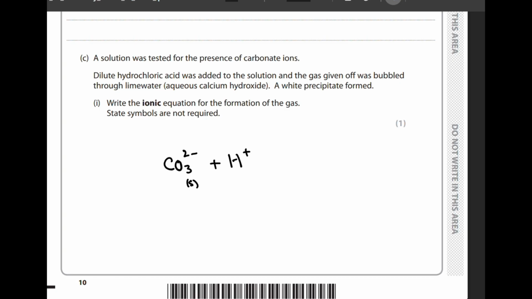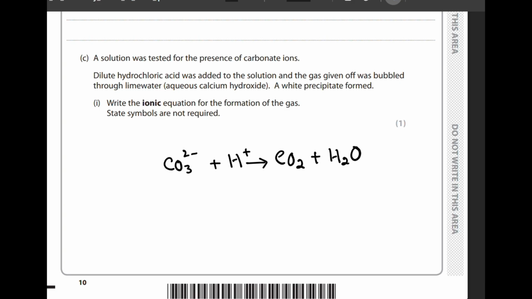Hydrogen ion comes from hydrochloric acid. They are saying that you don't need state symbols. It will form carbon dioxide gas and water. So this is the ionic equation.